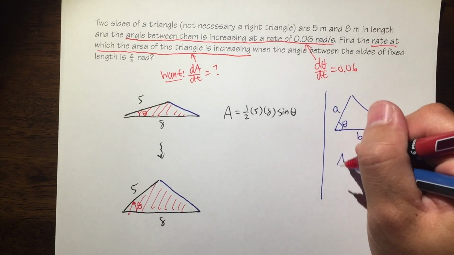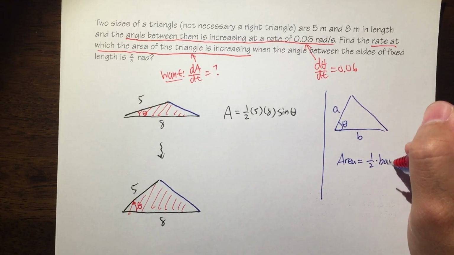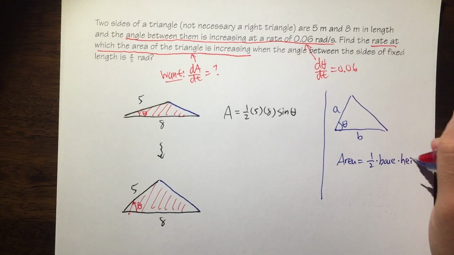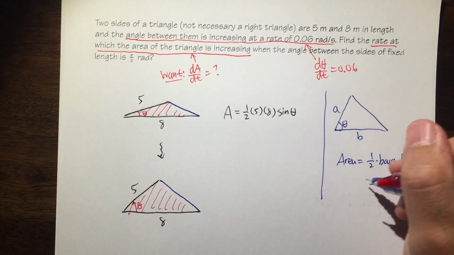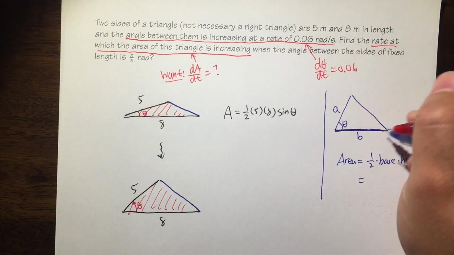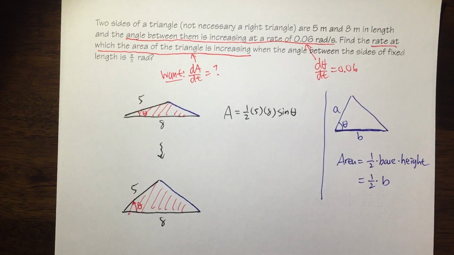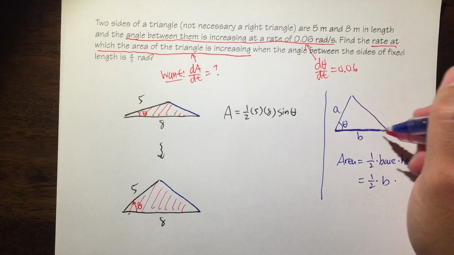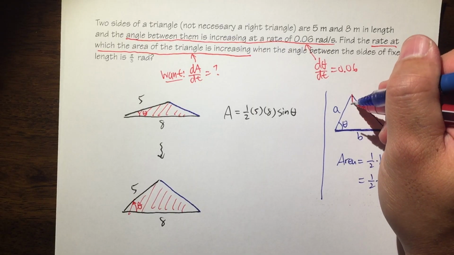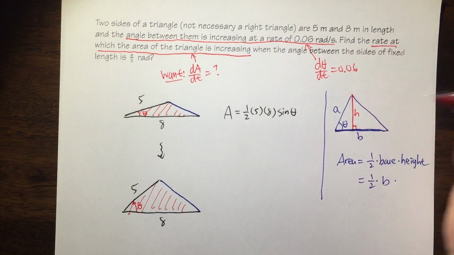As we all know, the area of the triangle is 1/2 base times height. Based on this picture, I can take the B right here to be the base, so we will have 1/2 times B. But what's the height? If this is the base, I will have to draw a perpendicular line from here to here, right? And I will call this H.